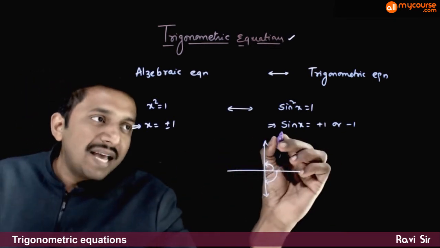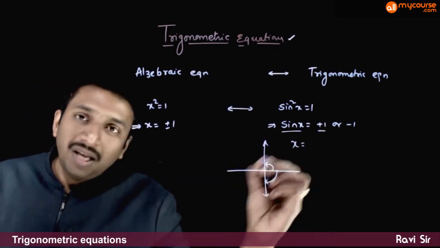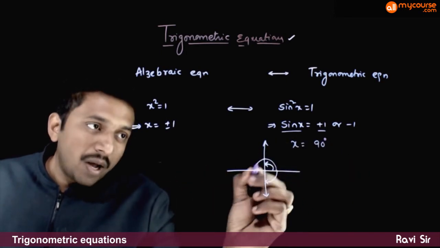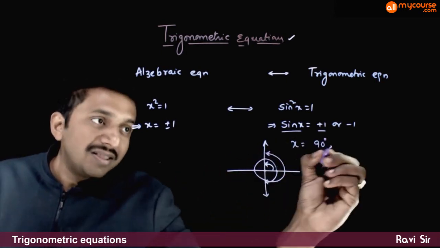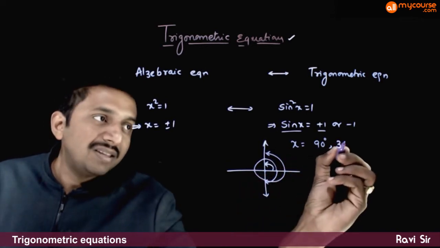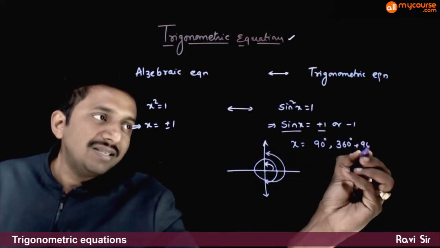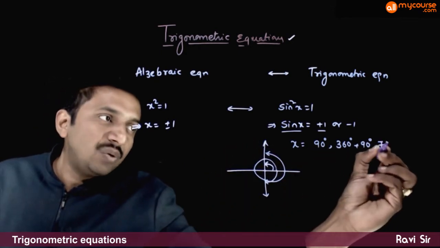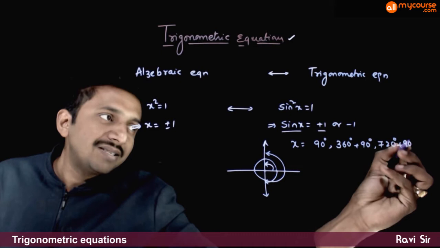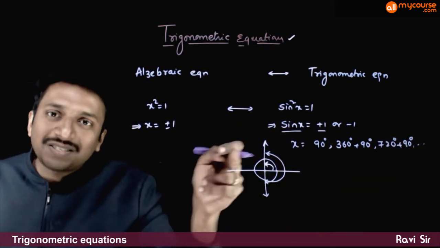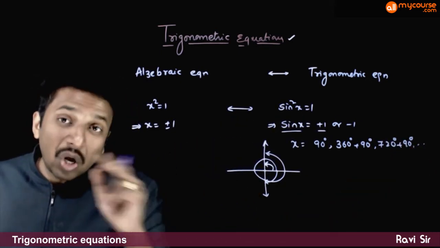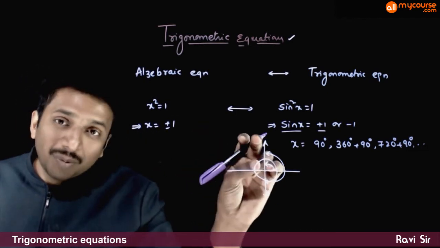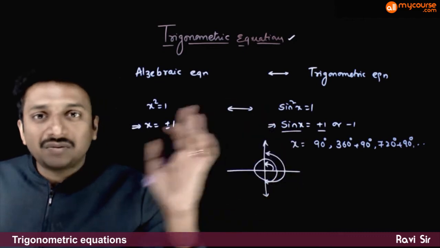That means if sin x has to be equal to plus 1, x can be equal to 90 degrees, or 1 rotation plus 90 degrees, that is 360 degrees plus 90 degrees, or 2 rotations plus 90 degrees, that is 720 degrees plus 90 degrees, and so on, 3 rotations plus 90 degrees, 4 rotations plus 90 degrees, as long as the ray stops at this position, the value of sin x will be equal to plus 1.